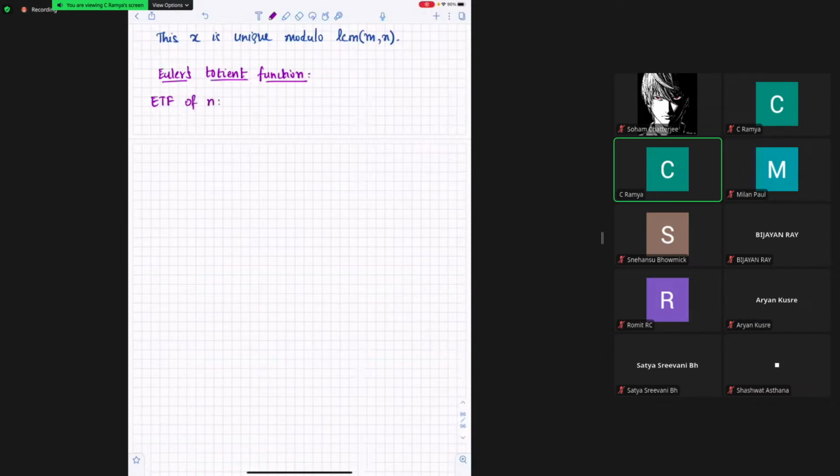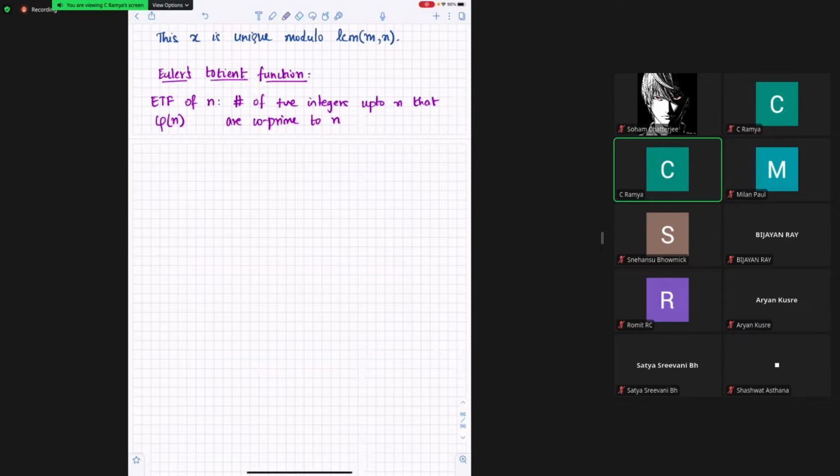So, the Euler's quotient function of n is the number of positive integers up to n that are co-prime to n. And this is denoted by phi of n.